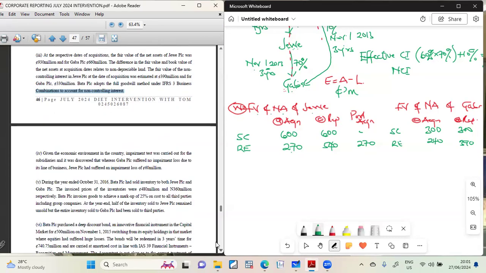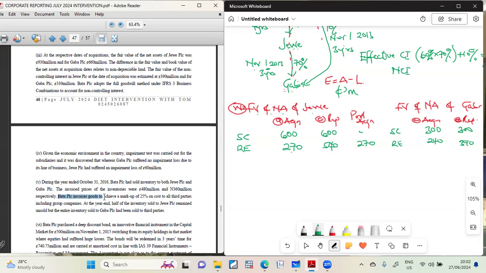Note 4. Given the economic environment of GABA, the impairment test carried out for the subsidiary discovered that whereas GABA suffered no impairment loss due to its line of business, Jewe had impairment loss, so we will do impairment loss. During the year ended, Beta sold goods both to Jewe and GABA. The invoice prices for the inventories were 480 and 360, respectively.